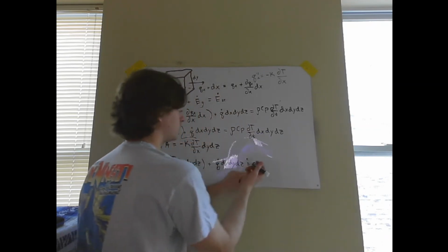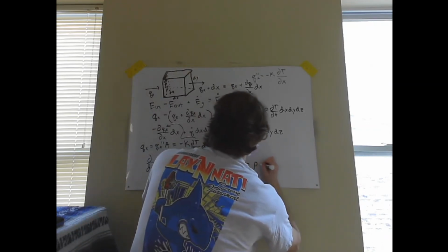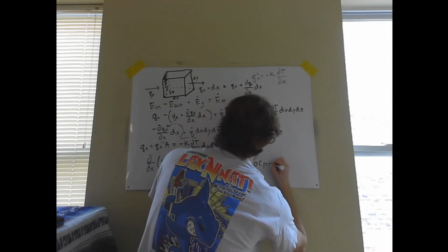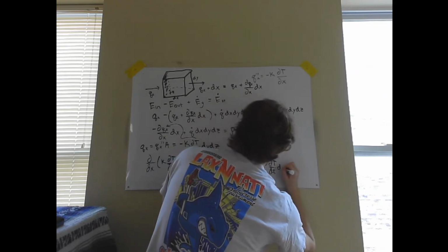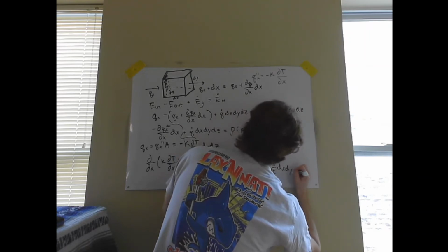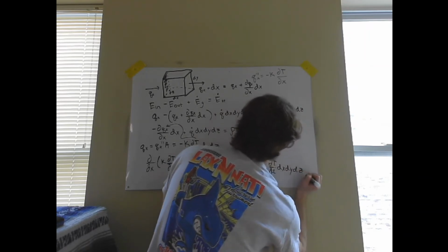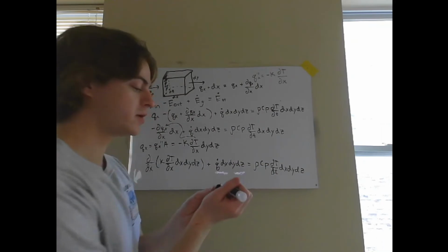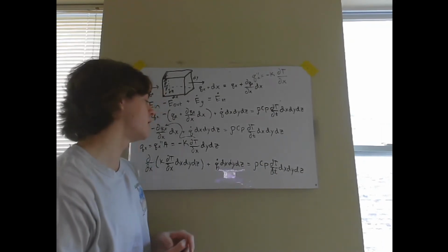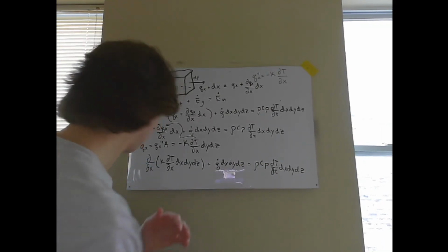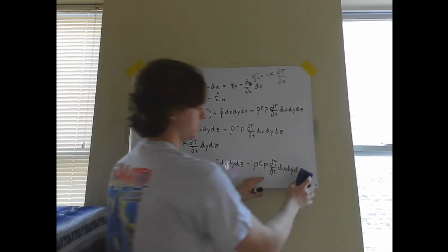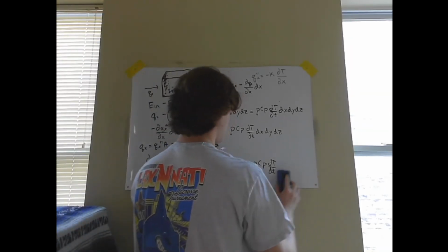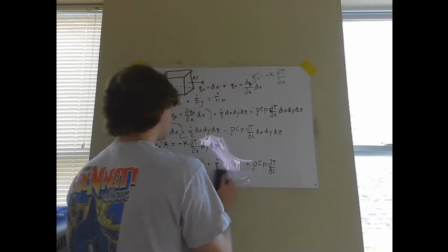And that equals our energy storage rate. And so if you notice, we have differential volume in each term of our equation. And so we can just go ahead and divide across by that and get rid of those terms. So this simplifies our equation a little bit more.